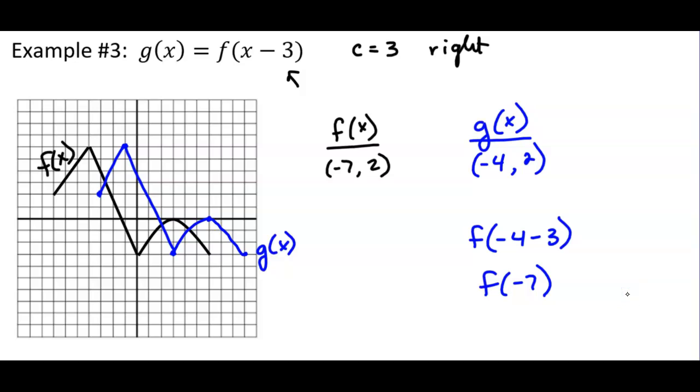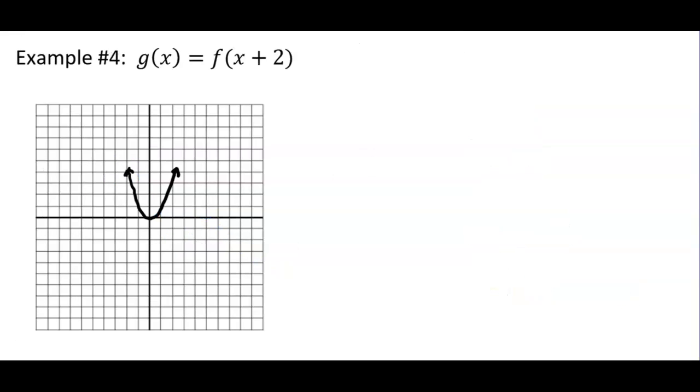All right, let's look at another example. Here we have our parabola. So this is f of x. I could have just put the equation, because I know what this function is. It's x squared.